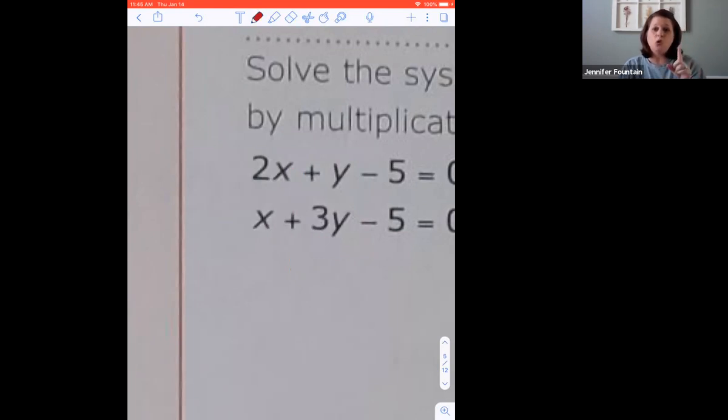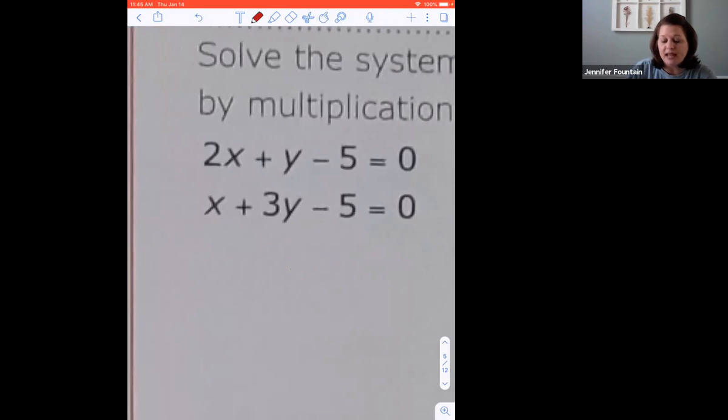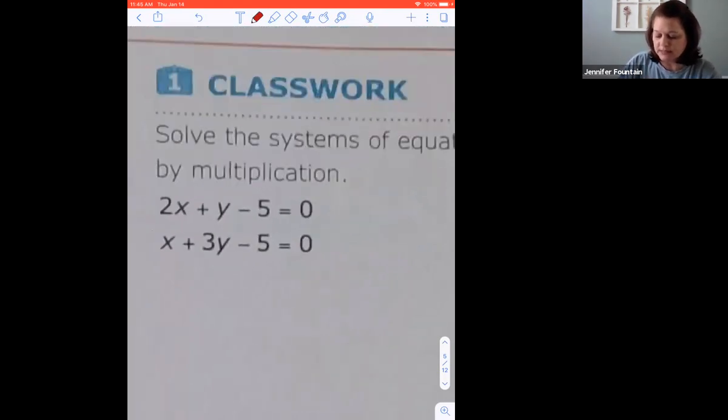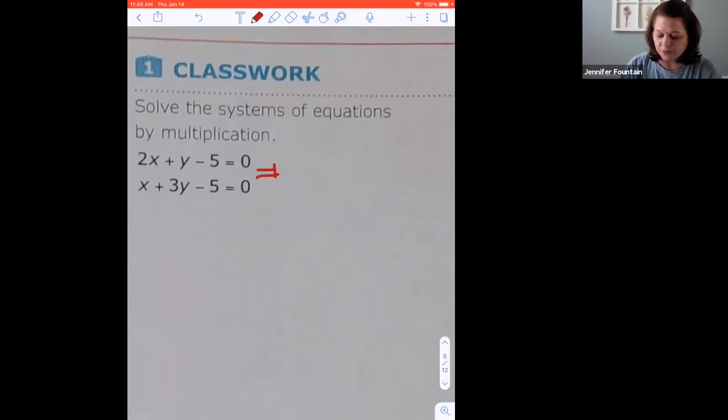But know that if you wanted to make your y's opposite terms, you could choose y too. It does not matter if you're choosing x or y. You've just got to pick one to eliminate. So what I want to do is make x into -2x. So I'm going to multiply. Well, let's go ahead and write everything in standard form first.